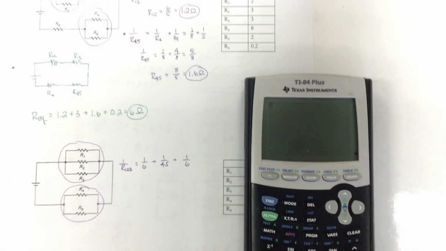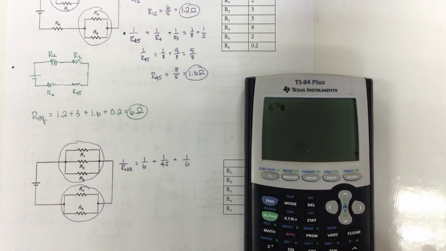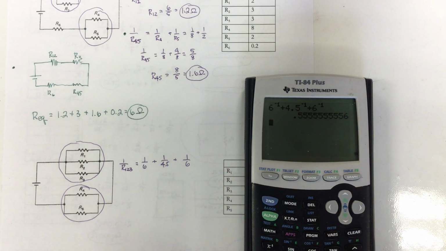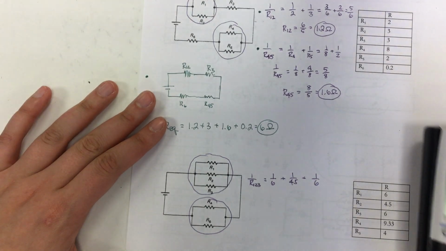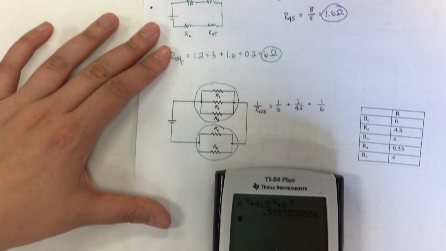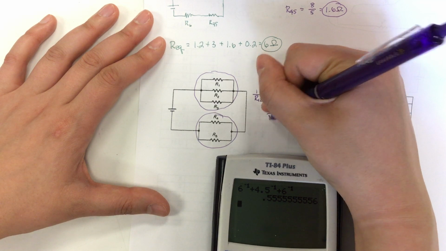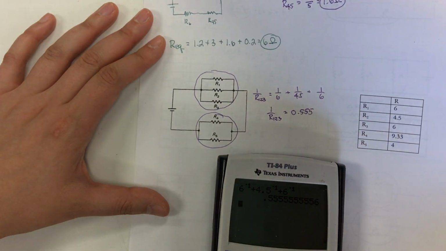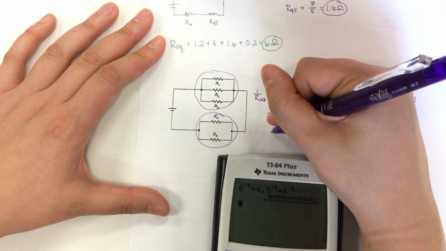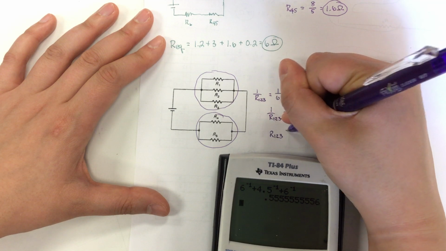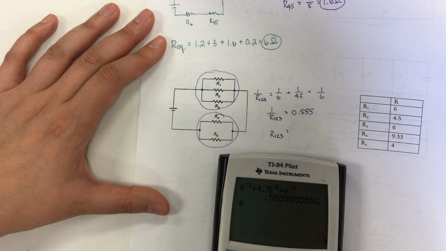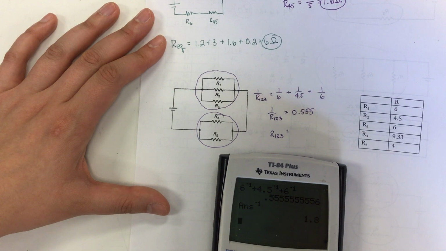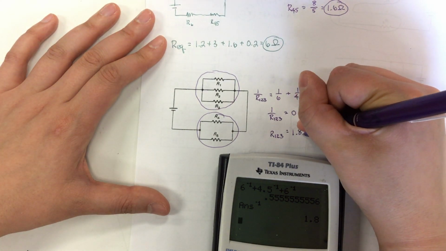So what I'm going to do instead is 6 inverse plus 4.5 inverse plus 6 inverse. I know 1 over R is equal to that 0.55 number. So 1 over R123 equals 0.55. That means using the inverse function, that section of the circuit is equal to 0.55 inverse, or about 1.8 ohms.